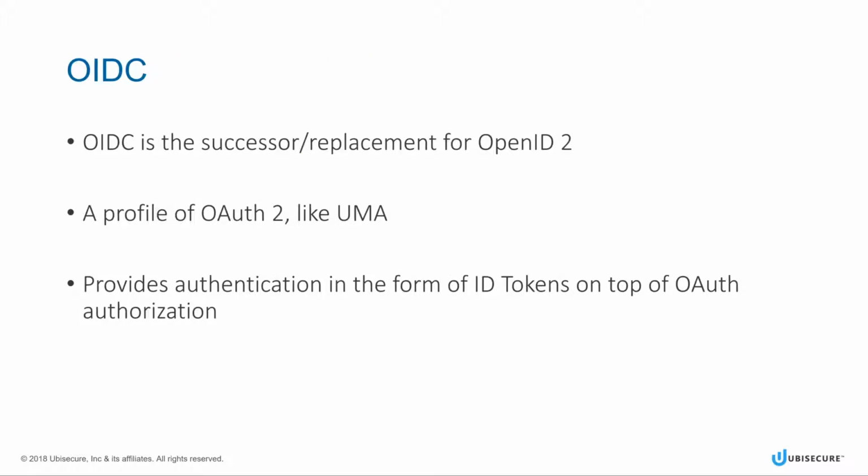The third protocol today is OIDC, or OpenID Connect. It is the successor and the replacement for the now defunct OpenID 2 protocol. And like the UMA mentioned previously, it is a profile of OAuth 2. Profile means like a handbook or a way of implementing OAuth 2, a set of rules that all parties using that protocol follow to allow those systems to work together.